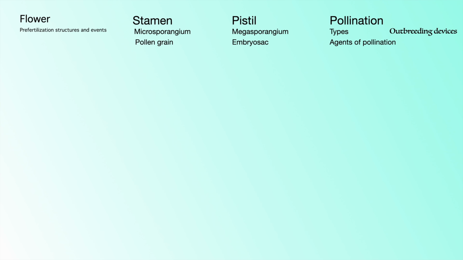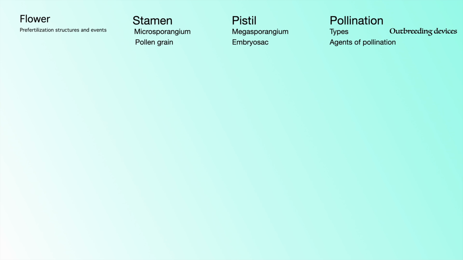Let us talk about outbreeding devices. Plants don't prefer autogamy or geitonogamy. The reason is inbreeding depression. Inbreeding depression is where chances of expression of recessive genes is more. Second, plants prefer xenogamy because xenogamy results in variation.